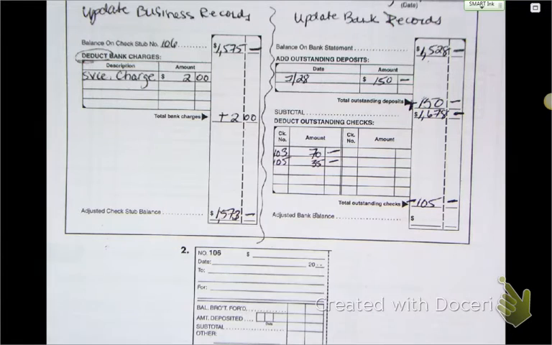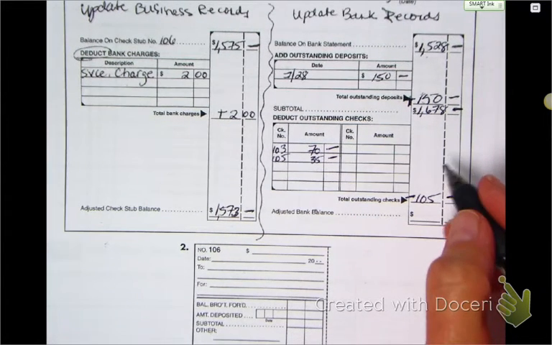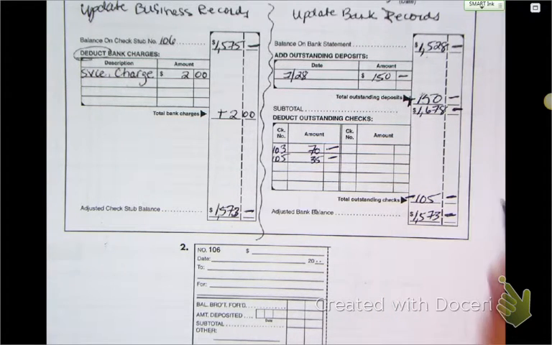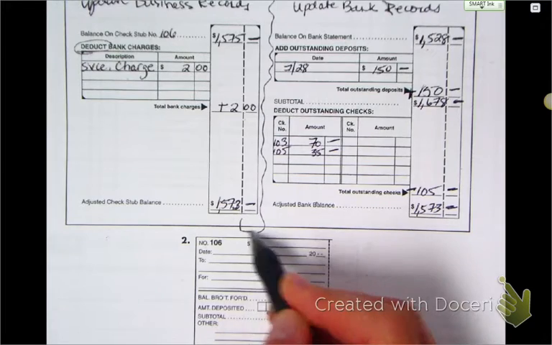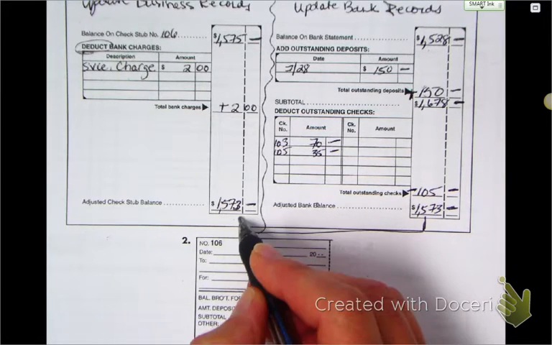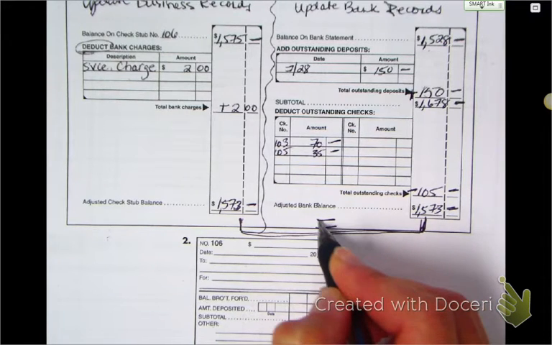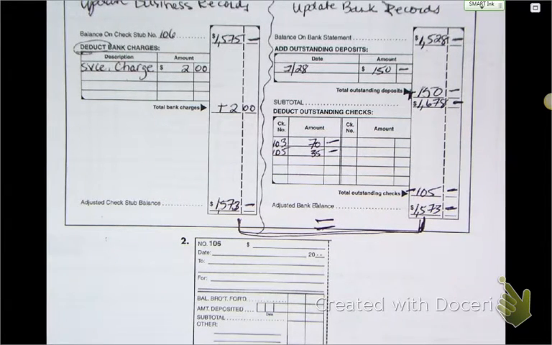So in order to get the records to reconcile, we've got to deduct that $105. So we get the balance down to $1,573. And, oh, lo and behold, now these two match. So you know you've done it right if these two match. If they equal each other, you're good.